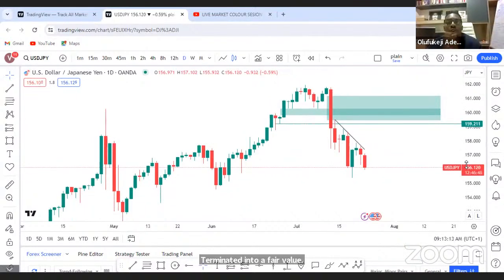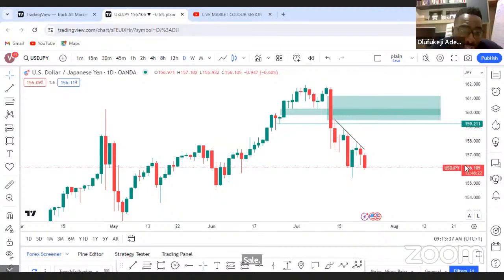So all these concepts are there. What this is telling me is if price gets back to that whole region, it's very likely that it will tap into it and then come all the way back down. So this one is a sure sell when price gets back to that whole region.